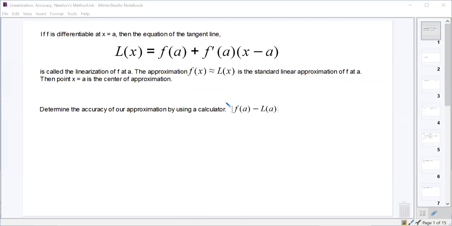And we'll do the absolute value of the actual value at a minus our linearization function at a. No, I don't know why I wrote a's there. Those should be x's. But yeah, f of x minus L of x. I don't know why I put a's there.